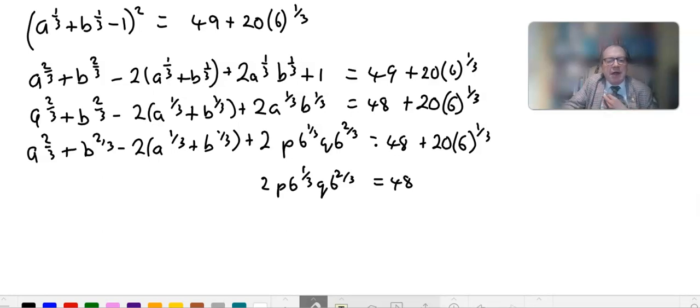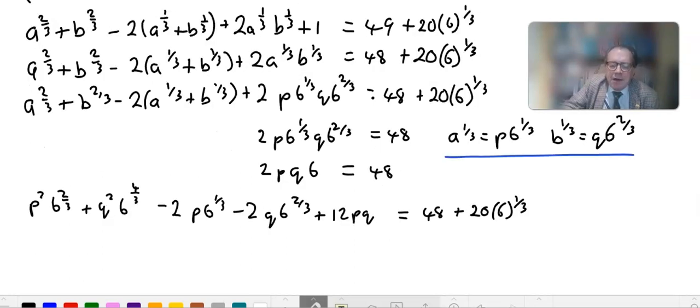And I've separated that part down at the bottom there. 2 times p times 6^(1/3) times q times 6^(2/3) equals 48. And so we shall consider this further and what the rest of the expression is telling us.